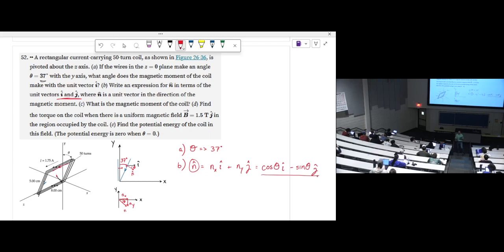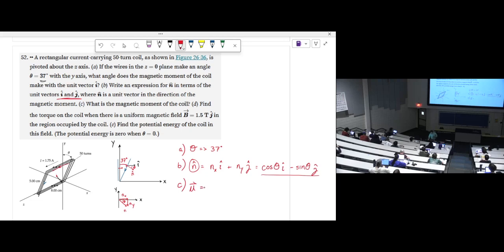Just like we find the magnitude or length of any vector, take the x component squared plus the y component squared. So cosine squared theta plus sine squared theta is equal to 1. Then you take the square root of it. The square root of 1 is still 1. So yes, n hat has unit length 1. We've at least preserved that property here. Part C, what is the magnetic moment of the coil?